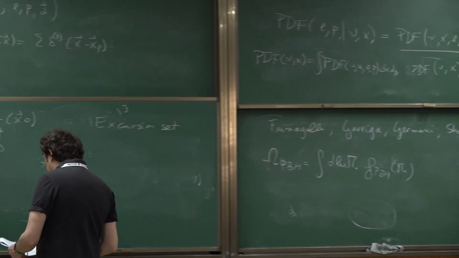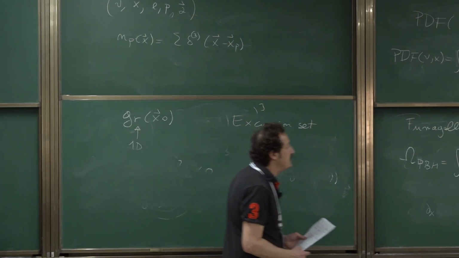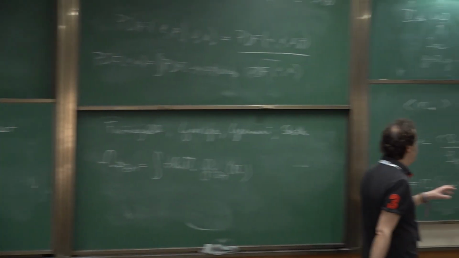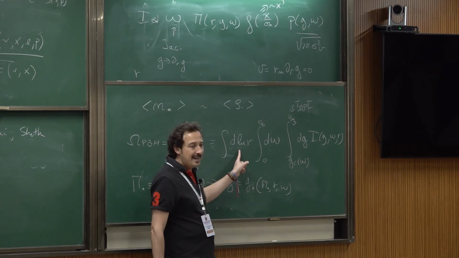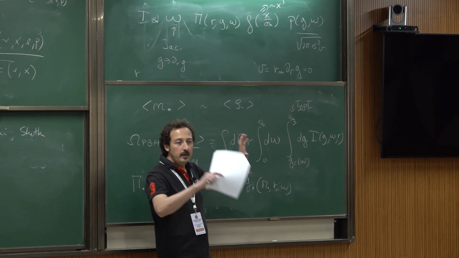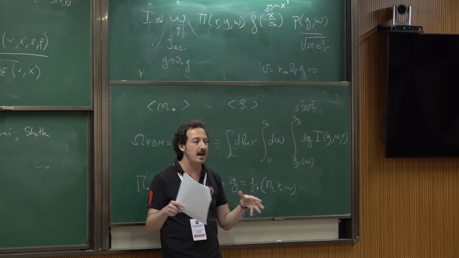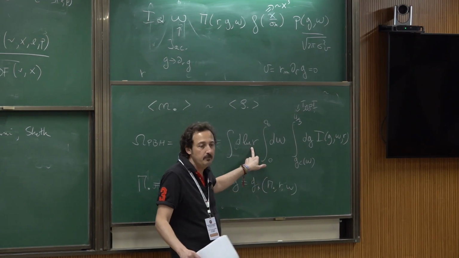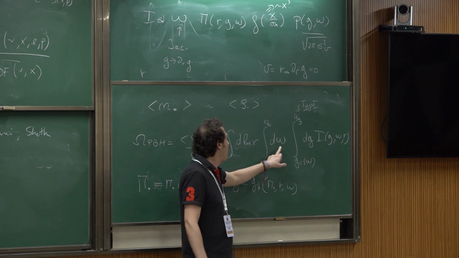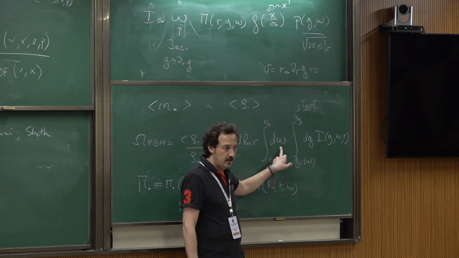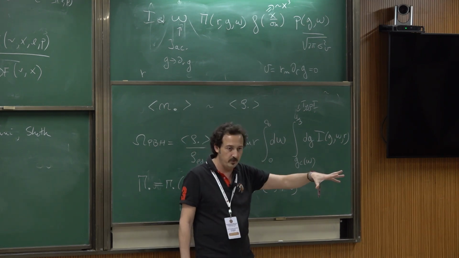Generically, what we are doing is scanning over all possible generation profiles. That means profiles that have a maximum of the compaction function at any point R, and any curvature. So this really scans over all possibilities.